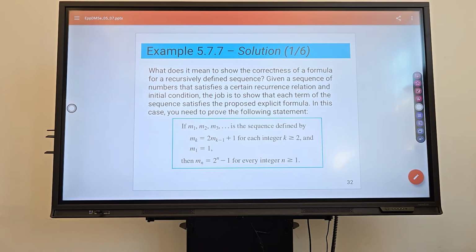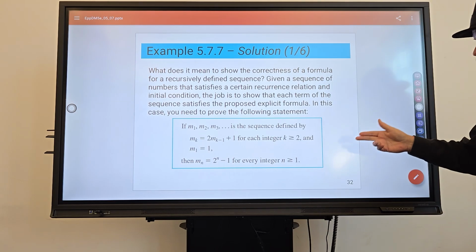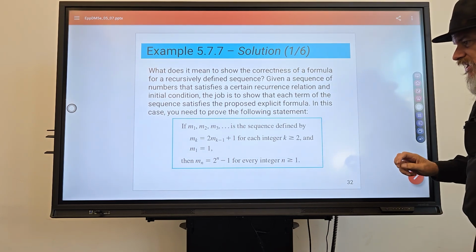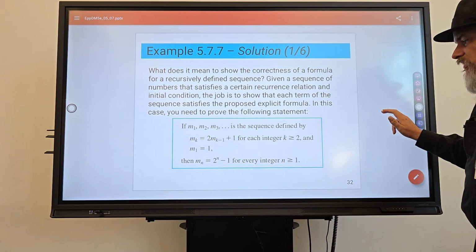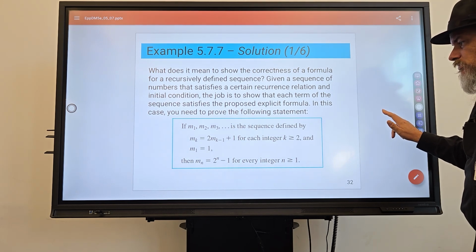In this case, you need to prove the following statement. If m is a sequence defined as it is here, then m sub n equals 2 to the n minus 1 for every integer n greater than or equal to 1.